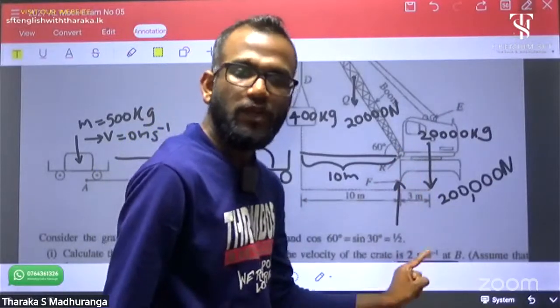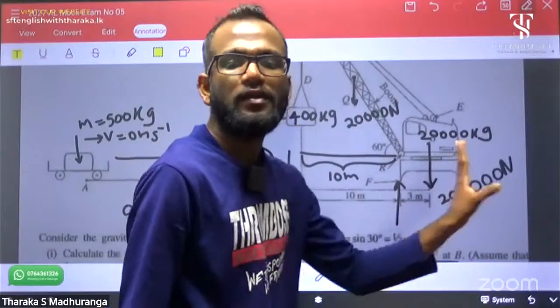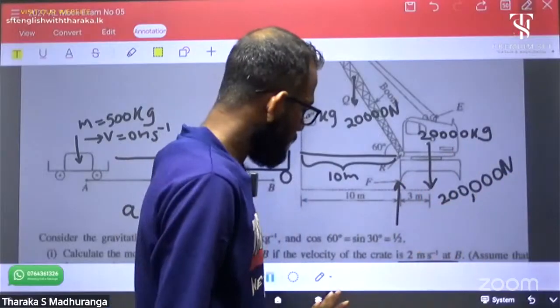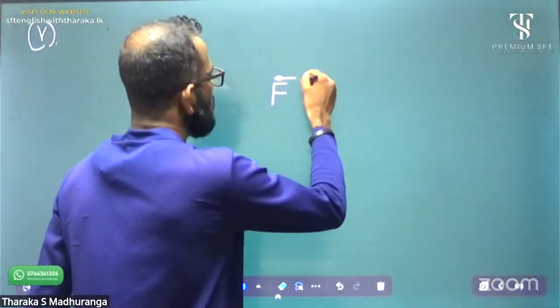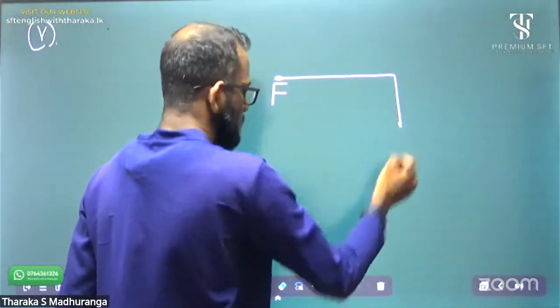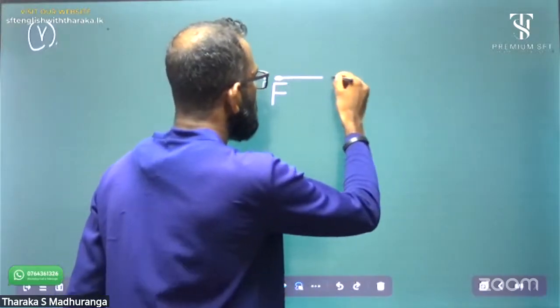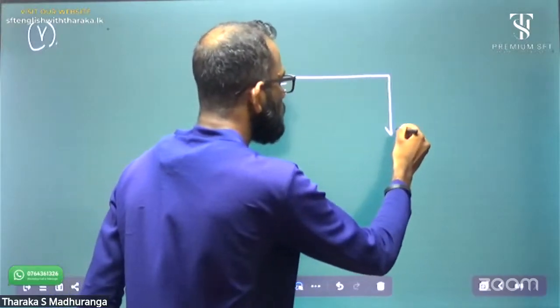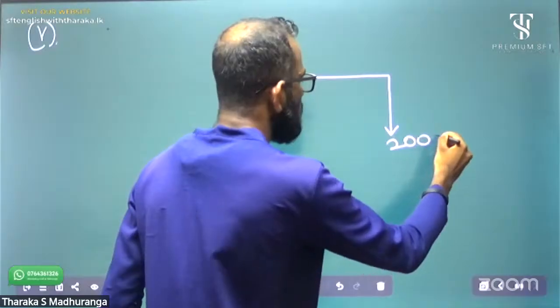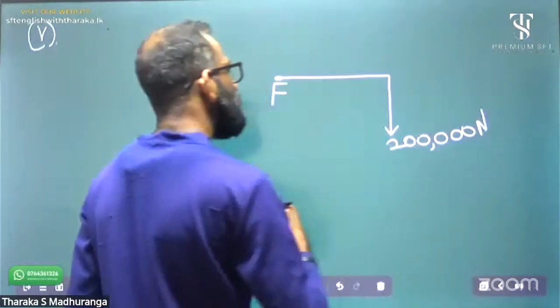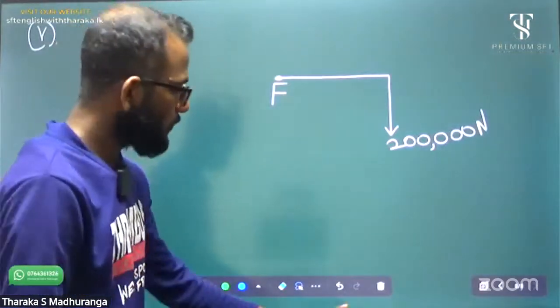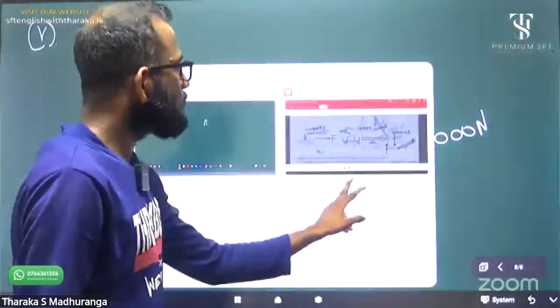There is a force in the downward direction. It is 200,000 Newton, right? Now I can mark this force, 200,000 Newton. It's a perpendicular force. 200,000 Newton, right? Next one.